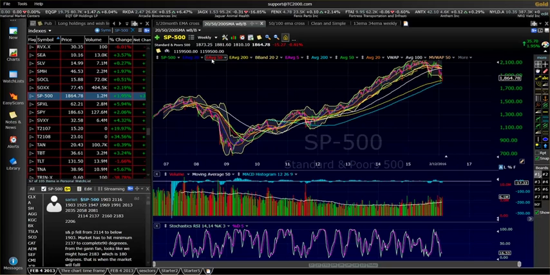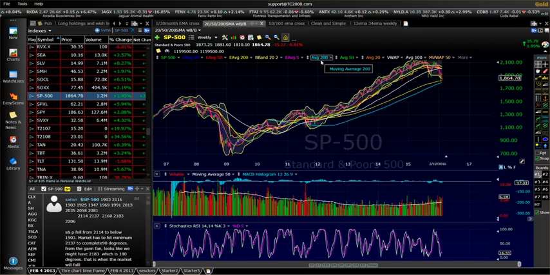Now I have the EMA, which is exponential moving average, as well as the SMA, which is the simple moving average. And if you don't know the difference and you'd like to know, look it up on Investopedia and you'll find the answer there. I also have the volume weighted average price and the 100-day simple moving average, 50 simple moving average.